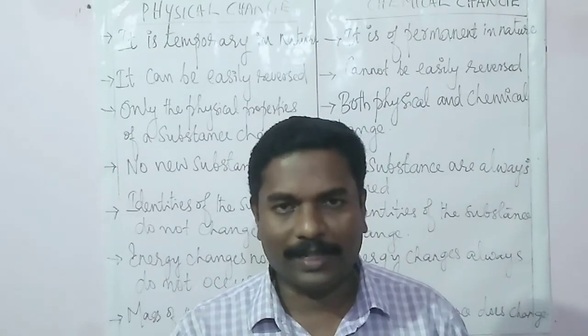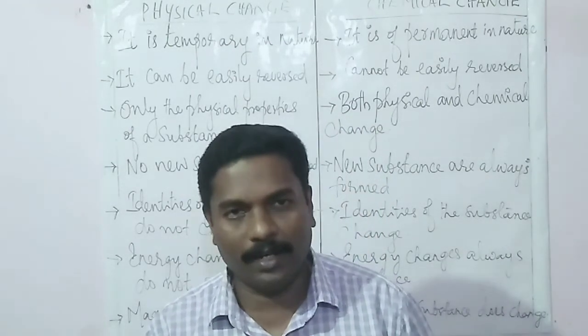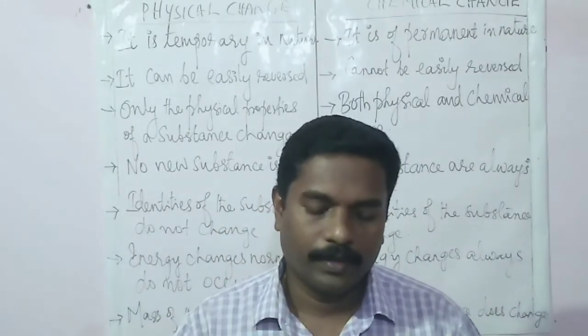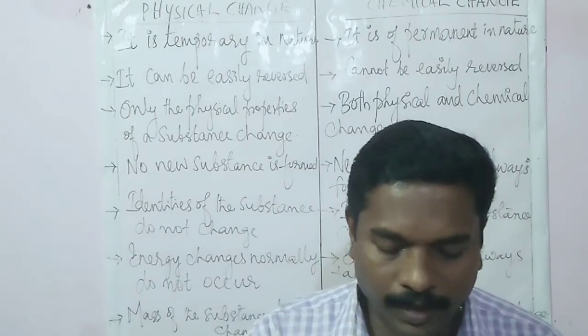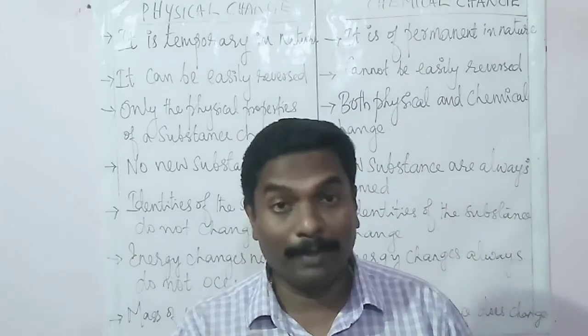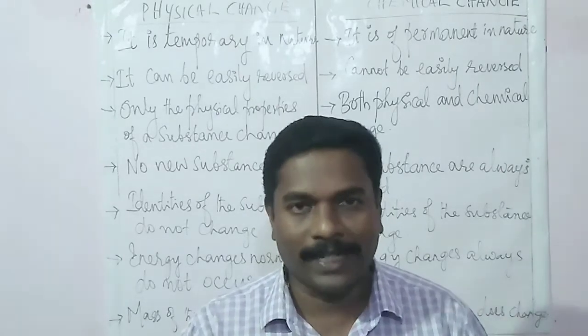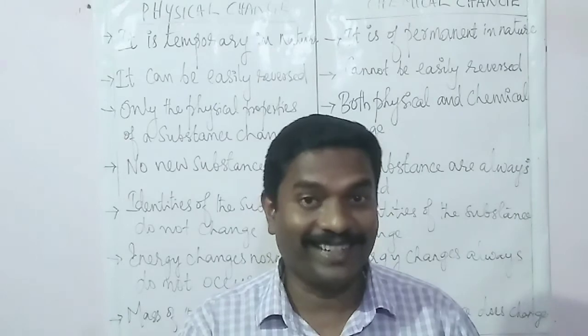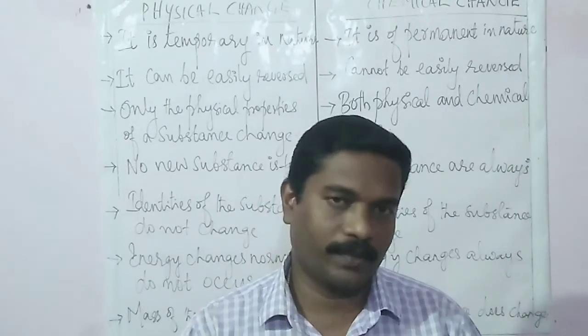Boron, silicon, germanium, etc. are metalloids. And here bromine is a non-metal which exists as liquid at room temperature. Mercury is the metal that exists as liquid at room temperature.